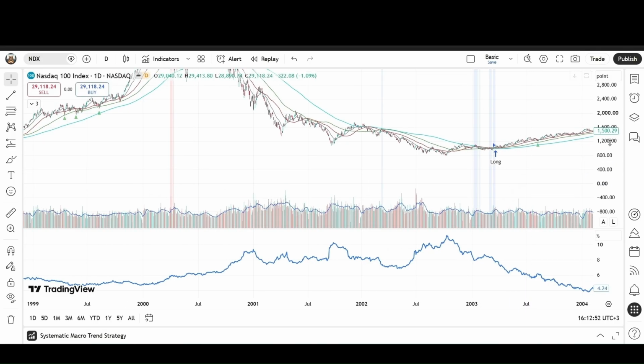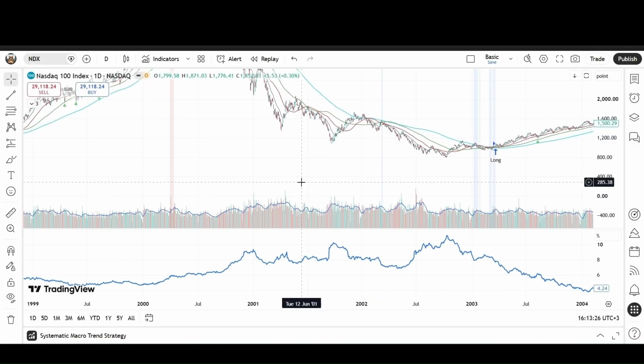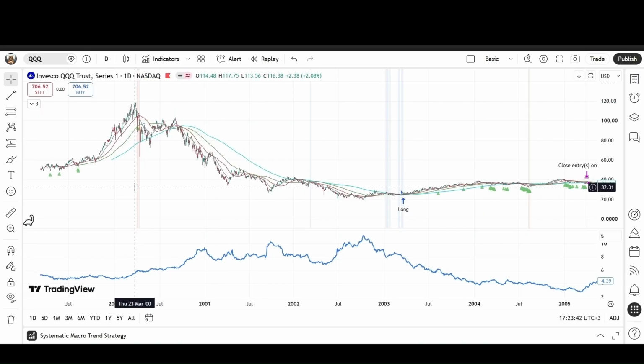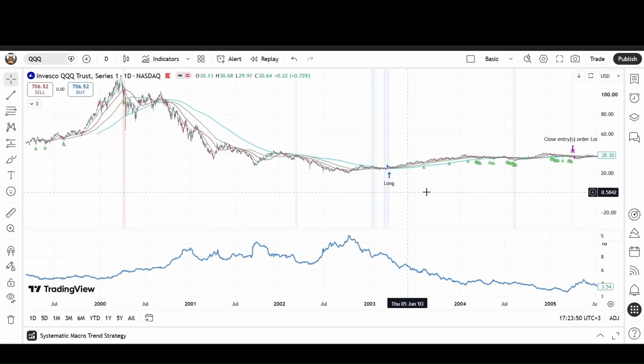Now I switched to QQQ since there are slight differences to NDX, but since NDX goes further back, I used it to see how the dot-com bubble works here. So as you can see with QQQ, the data is not enough to trigger any signals here, so this is where it starts.